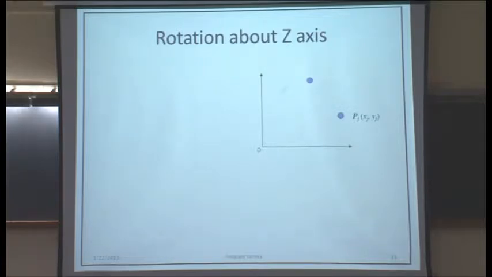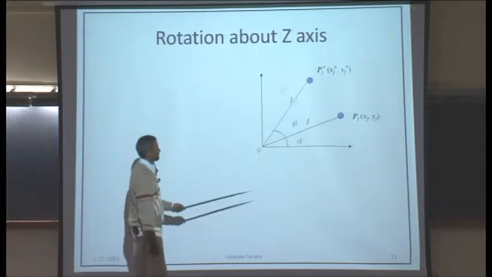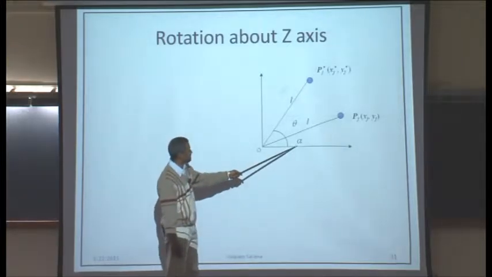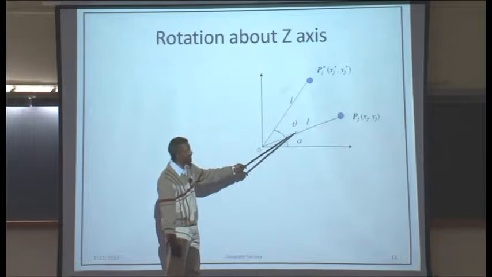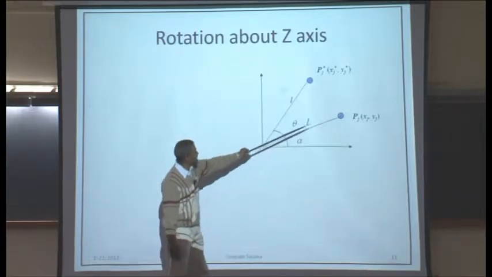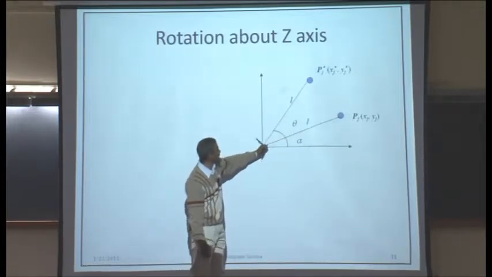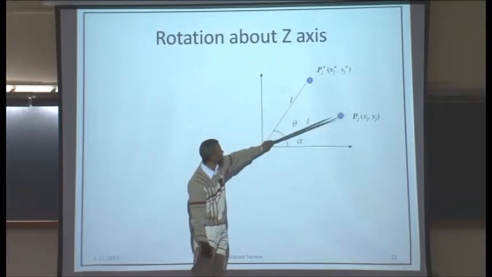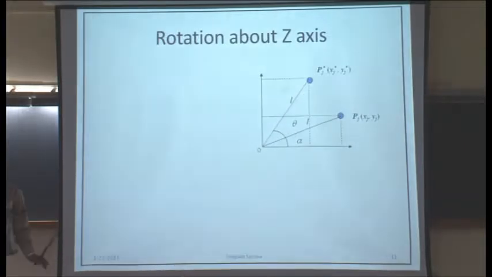So the coordinates of that point are xj and yj, the original coordinates. The new coordinates are xj star and yj star. The initial angle made by this edge OPJ is alpha. OPJ is of length L. This edge is being rotated about this axis, the axis that comes to you, by an angle theta, right?